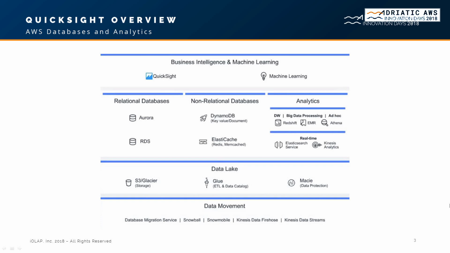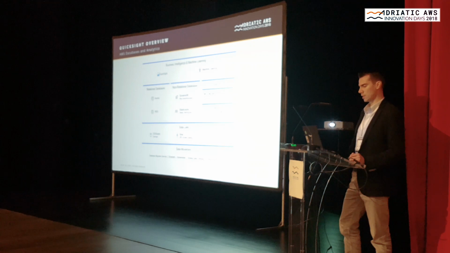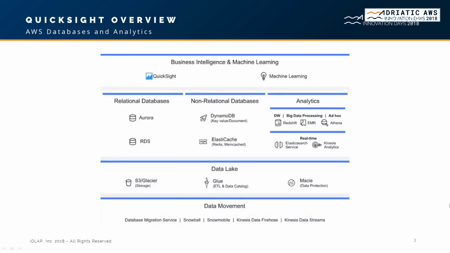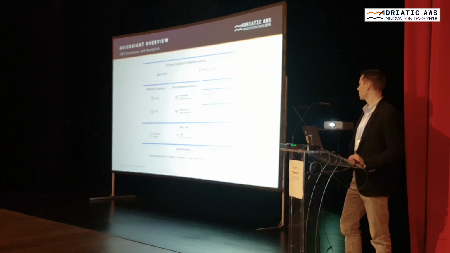On the bottom level, we have data movement: database migration services, Snowball, and Kinesis to move data from anywhere in the world into AWS. There are S3, Glacier, and Glue to build a data lake. There are relational and non-relational databases like Aurora, RDS, and DynamoDB. There are analytics services like Redshift or Athena.